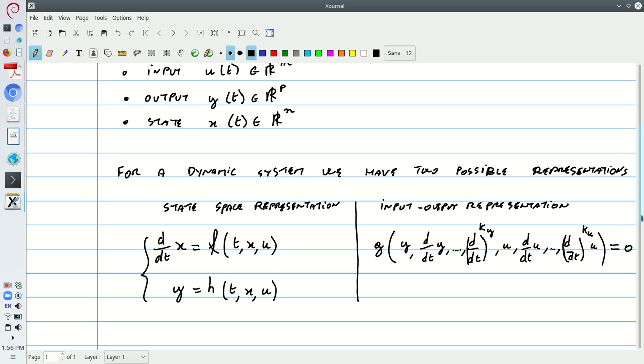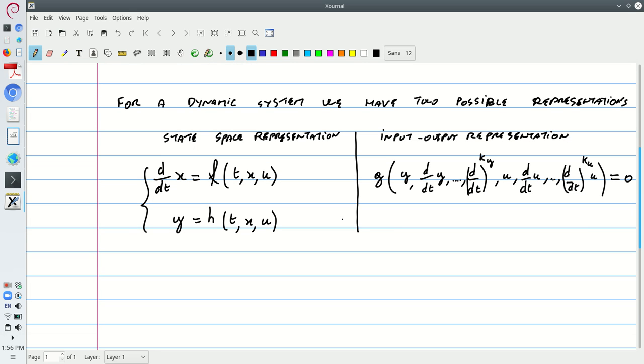As you can see, we're still using differential equations, but in the first case we have an explicit differential equation, explicit with respect to the derivative with respect to time of x.